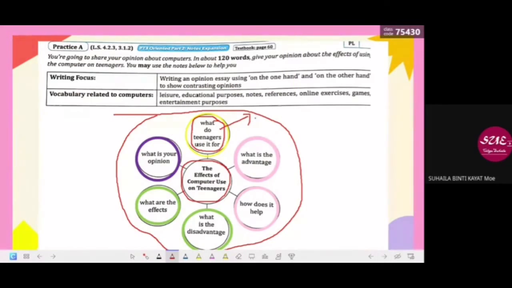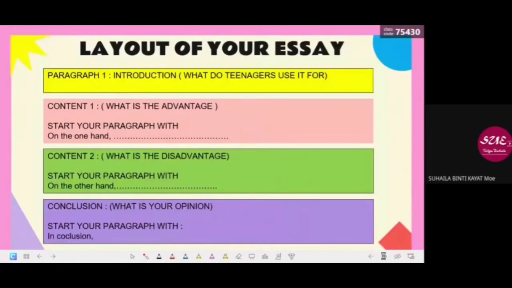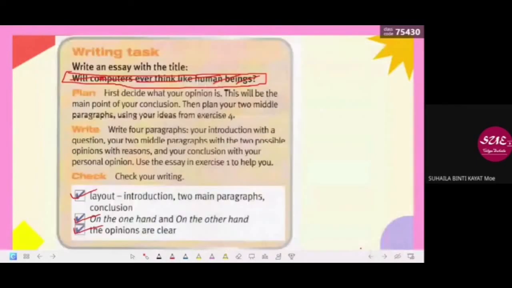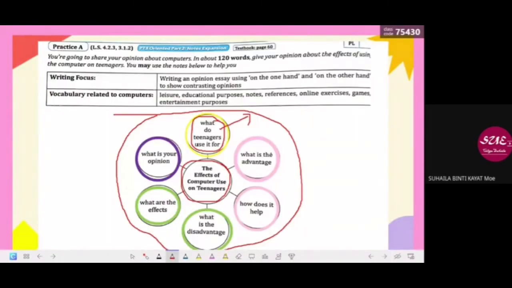Okay, so in your introduction mesti ada satu soalan. Okay, next paragraph, sorry. Okay, next dia nak apa? And then your two middle paragraphs are two possible opinions. Okay, two middle paragraphs. Okay, what is the advantage?